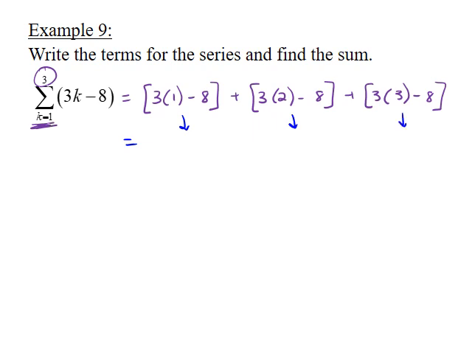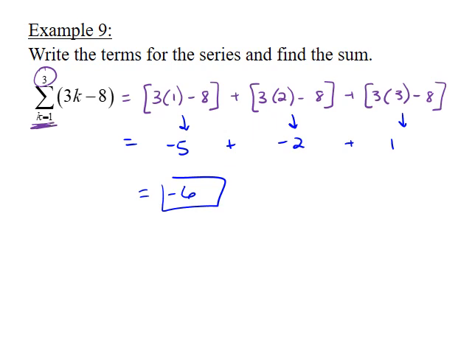Simplifying each of these parts, I get negative 5 plus negative 2 plus 1. So these are the 3 terms of the sequence. When I add those together, I get negative 6. So this sum is equal to negative 6.